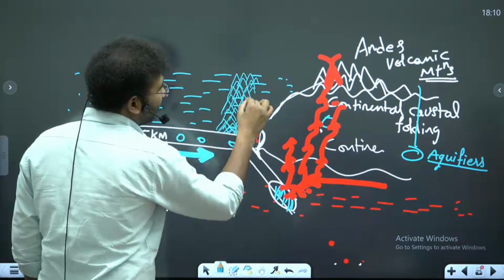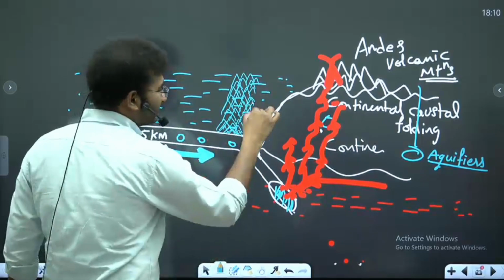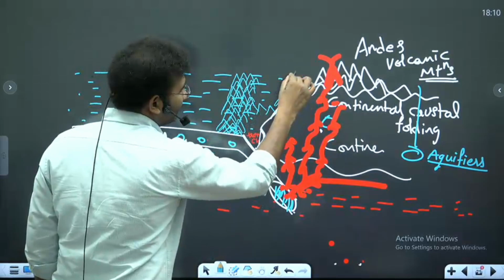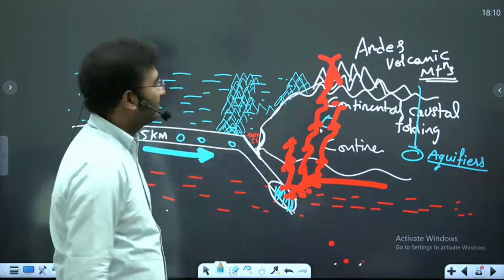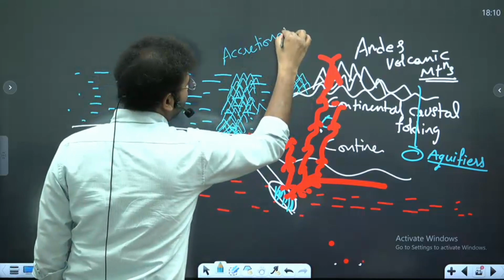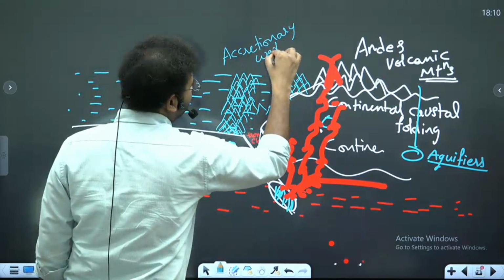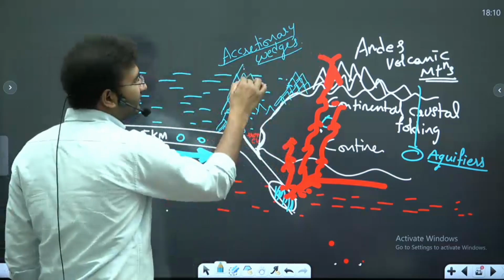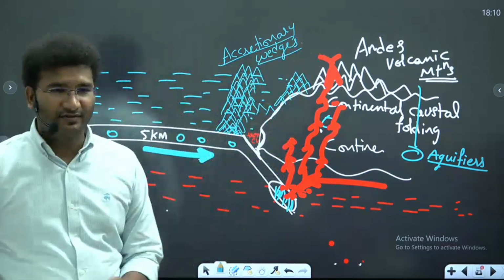This rising material, which can be present here or sometimes here, okay? They are called accretionary wedges when they rise above the surface of the earth.